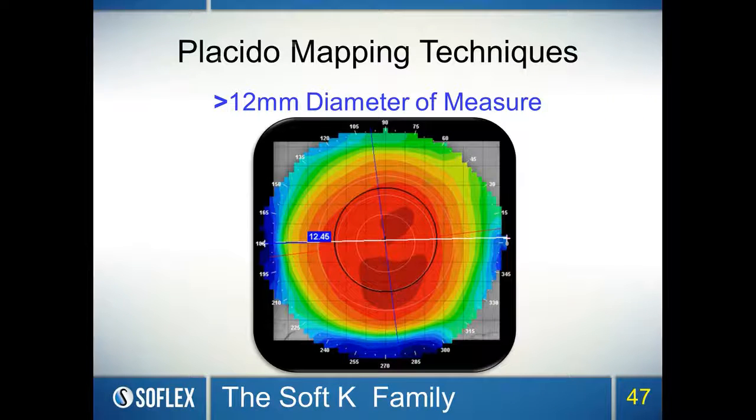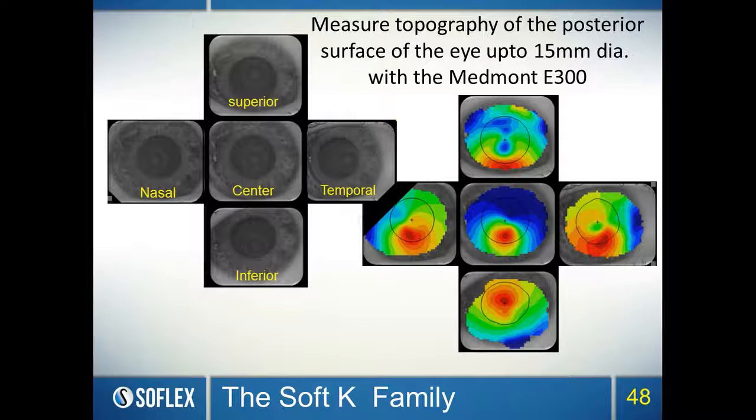The normal topographer allows us to measure only between 8 to 10 millimeter diameter of the cornea, depending on the machine. With the Medmont E300, we can measure up to 15 millimeter diameter.